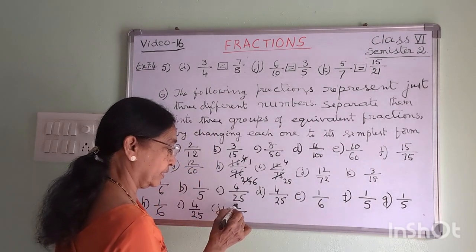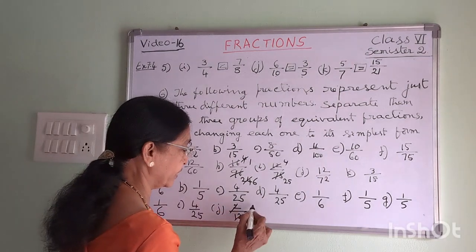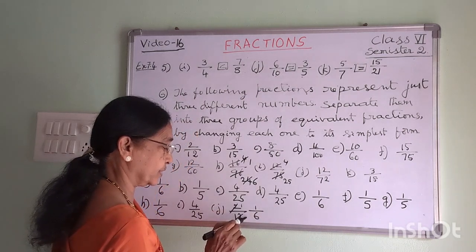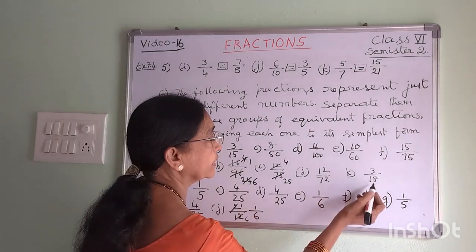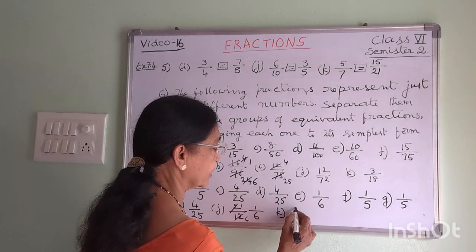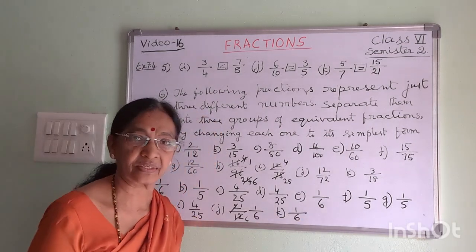Still it can be simplified. Both are divided by 2, therefore this is 1 by 6. Next K, 3 by 18. 3 is the common factor. 3 ones are 3, 3 6s are 18. It is 1 by 6.